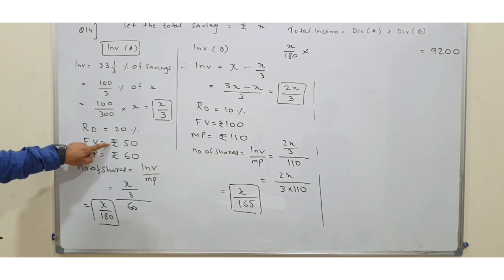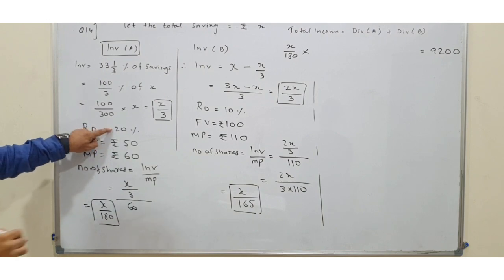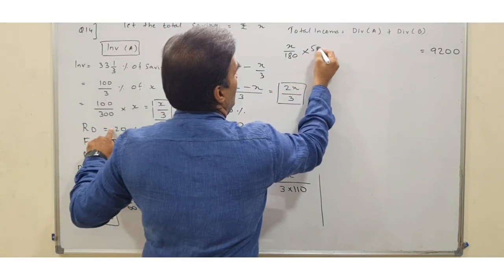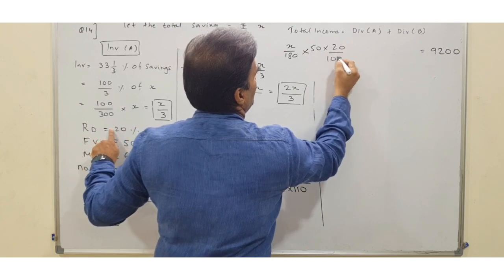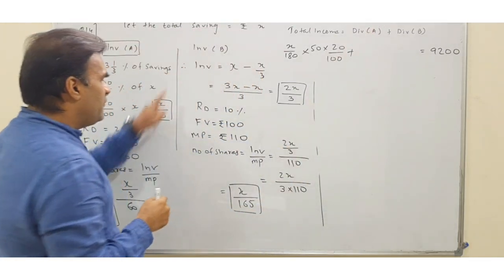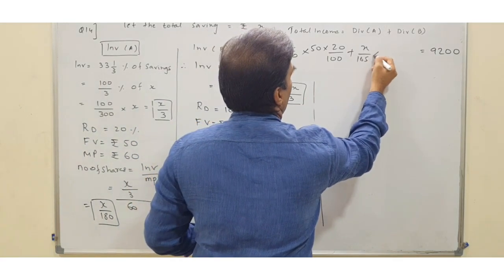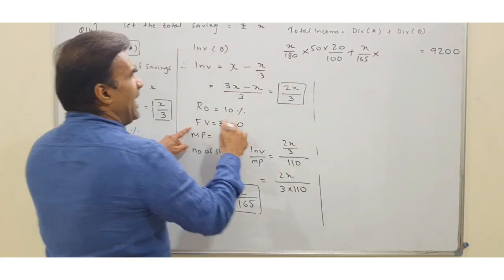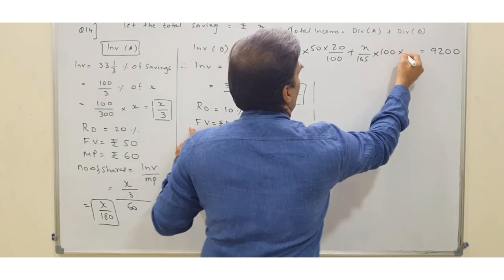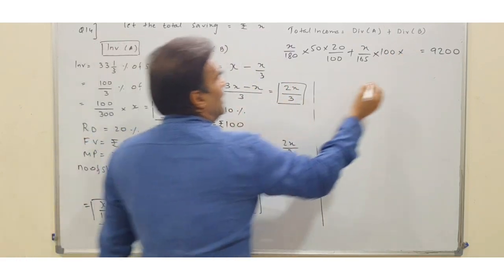Face value 50 and rate of dividend 20%. 50 into 20%. What about for B? So for B, number of shares X upon 165 into face value 100 into rate of dividend 10%.